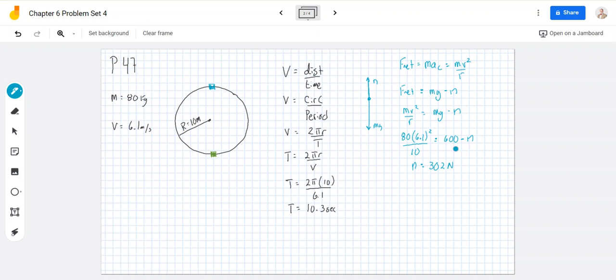Now, what about the bottom? Well, we saw the bottom earlier. We know the normal force has to be bigger than the weight because the unbalanced force has to be up. So, centripetal acceleration, mv squared over r. This time, though, the net force is going to be equal to normal minus the weight, because I like to do big minus small.